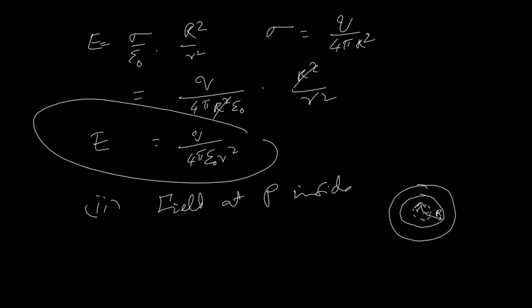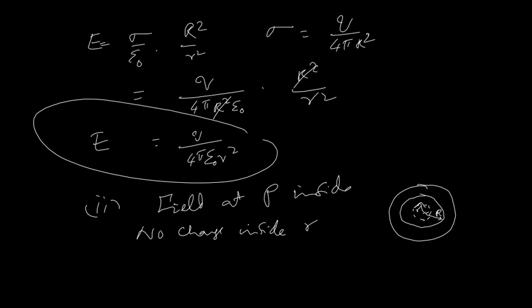Okay, so for the field inside the shell, the point P inside the shell, the Gaussian surface is again a sphere through P centred at O. Now we are talking about what is the field enclosed. Is there a charge inside? There is no charge inside the smaller circle.